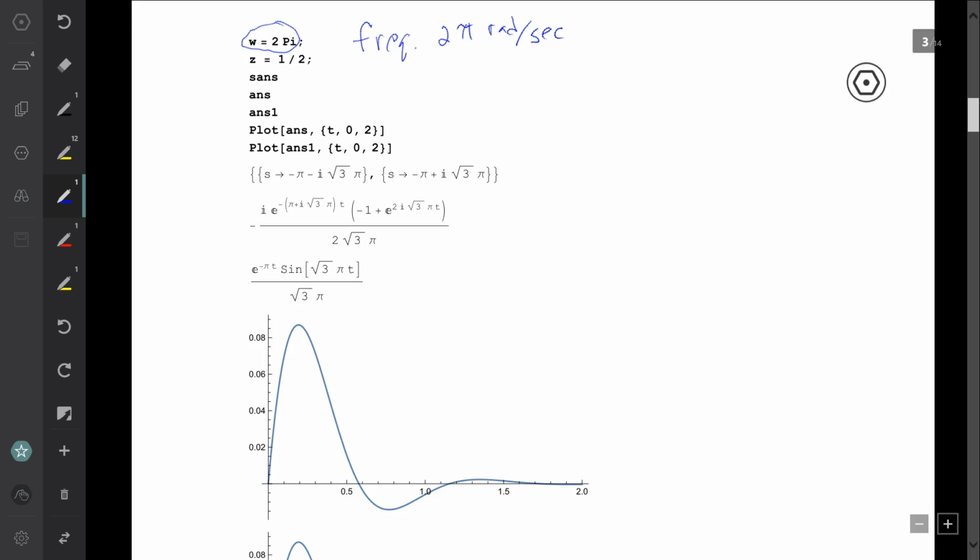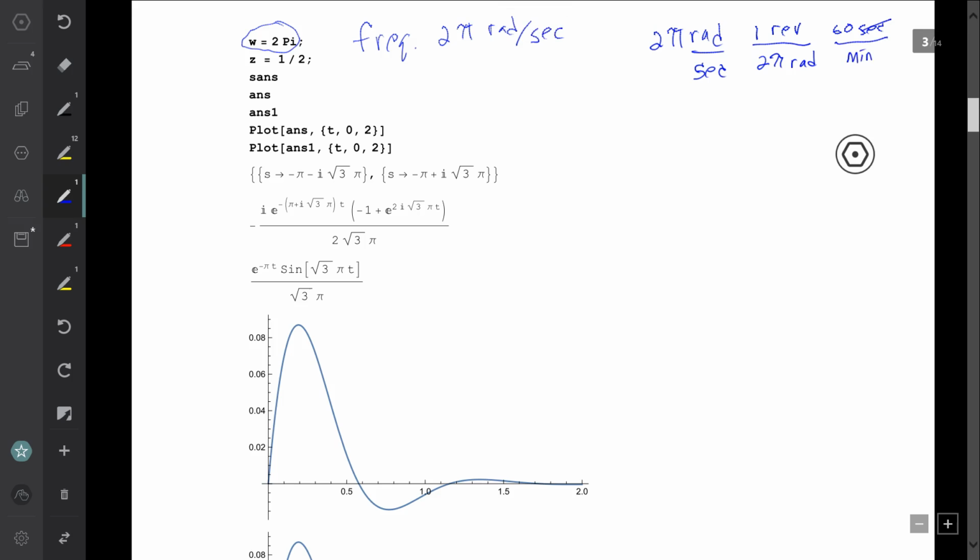So for example, if the frequency is 2 pi radians per second, and you want to convert to RPM, then you want to do a unit conversion. So there is 1 revolution in 2 pi radians, and there are 60 seconds in a minute.